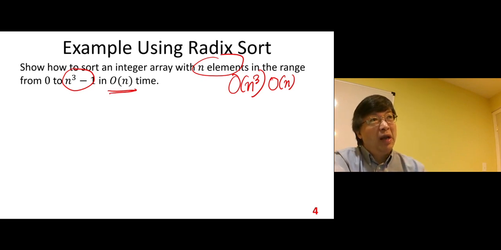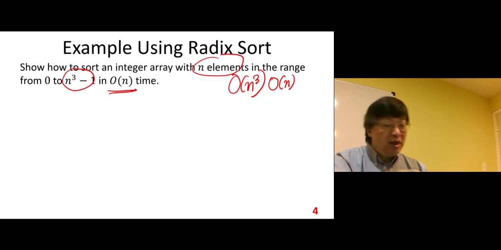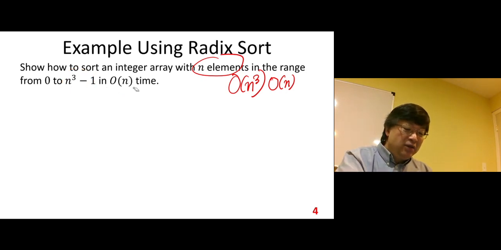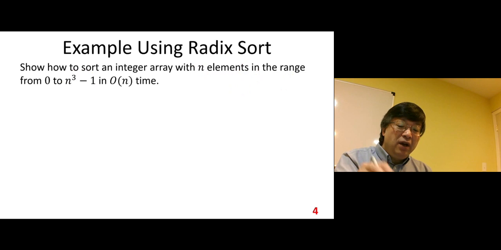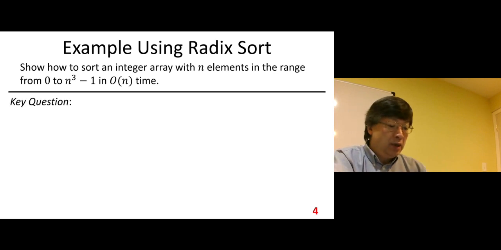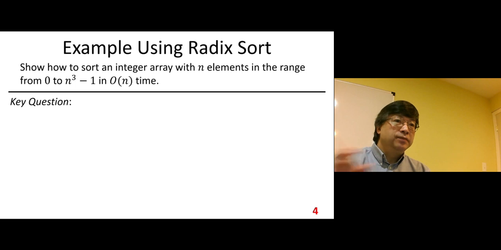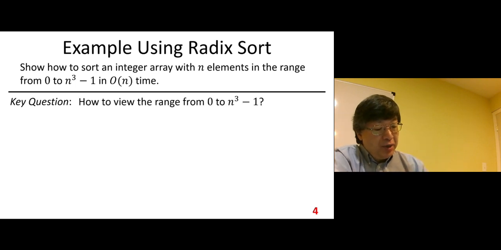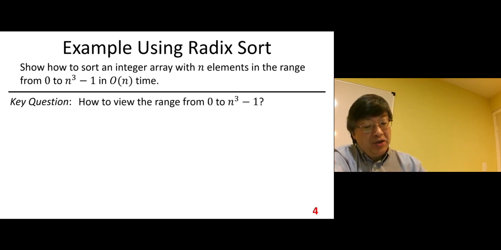So that looks not that easy, but we have the idea of the radix sort. Can we use the radix sort idea to solve this problem? So let's look at this. The key question: how to view the range from 0 to n cubed minus 1.